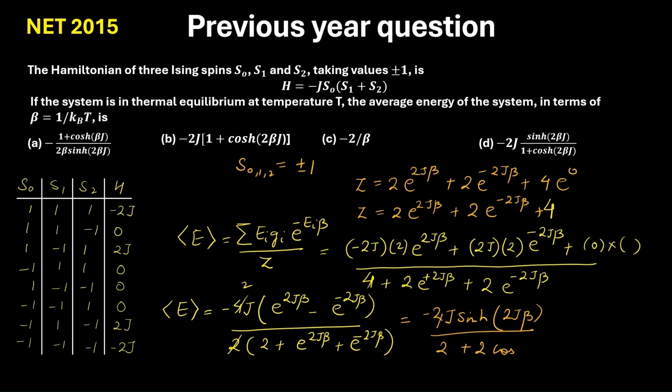So this will be cosh of 2J beta. So here we can cancel this 2 and we will be left with 2 here. So I think it's option D. Option D is the correct answer.